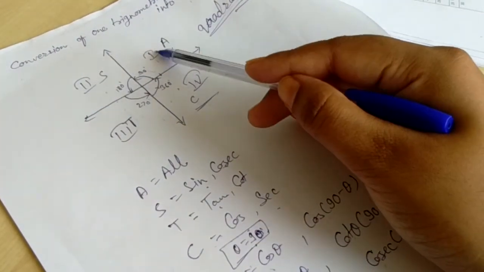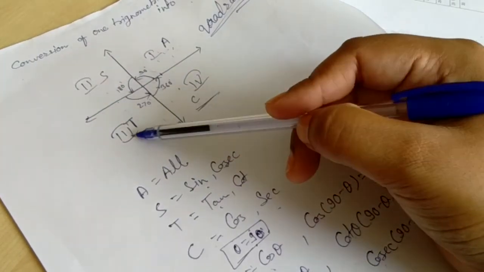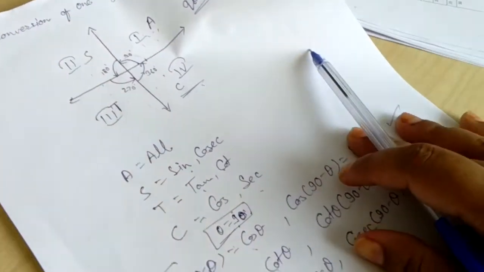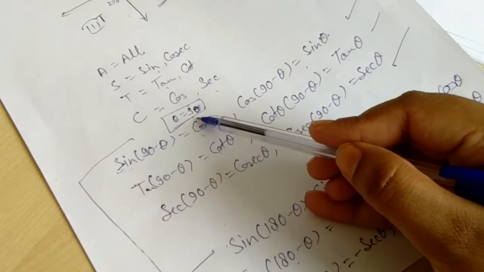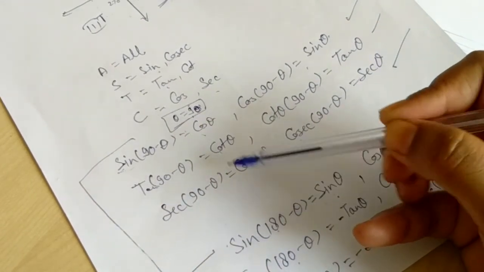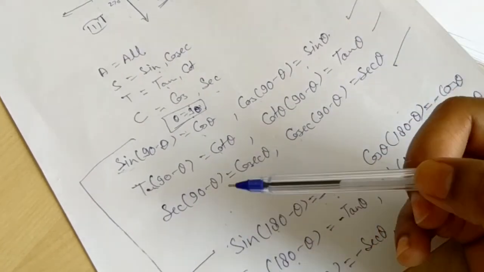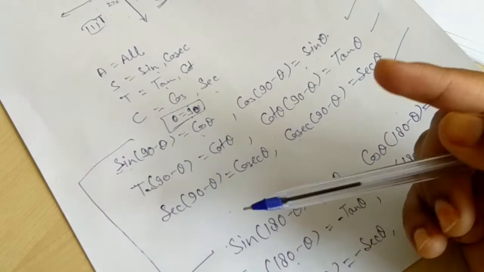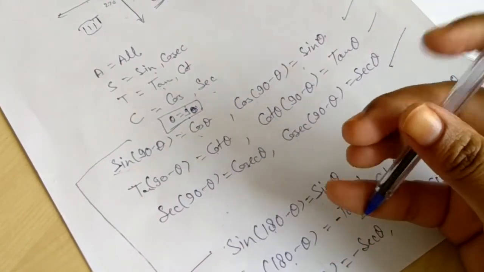In the first quadrant all ratios are positive, in the second, sine and cosec are positive, in the third, tan and cot are positive, and in the fourth, cos and sec are positive. Now for theta with 90 and 270, on 90 and 270 there will be changes in ratios, meaning sine will change into cos, cos into sine, and similarly tan into cot, cot into tan, sec into cosec and cosec into sec.